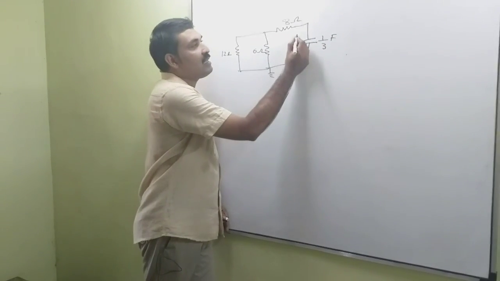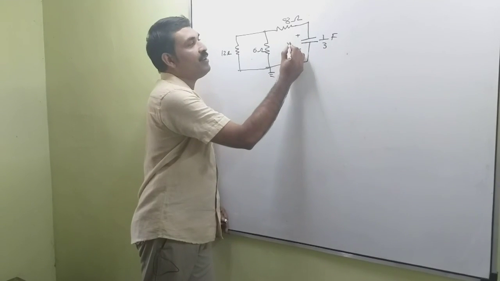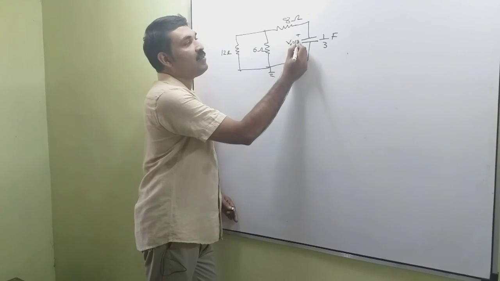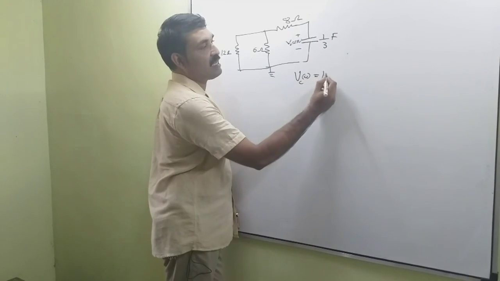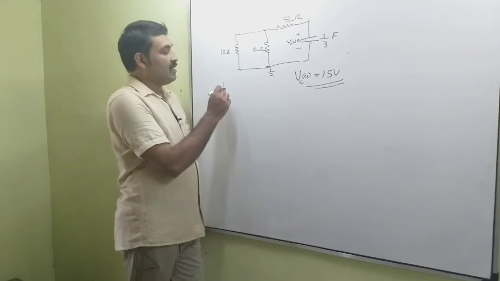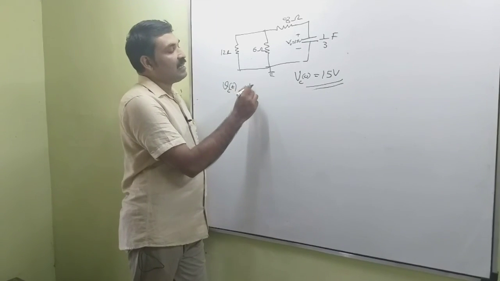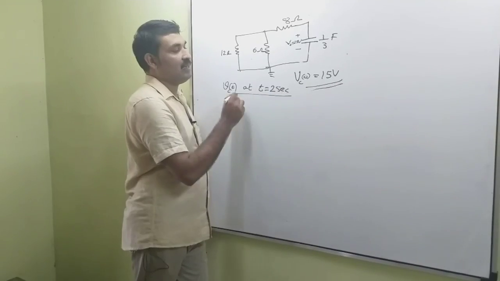The capacitor has an initial voltage V0 given as 15 volt, that is VC0 is 15 volt. Okay, the question is to find VC(t) at t is equal to 2 seconds.